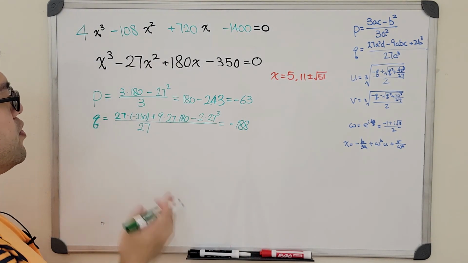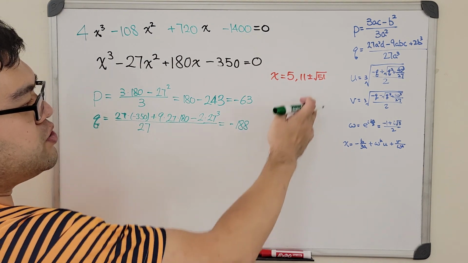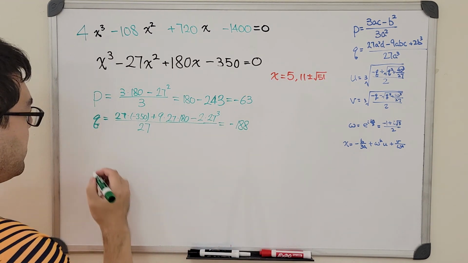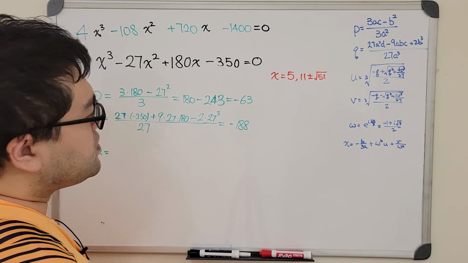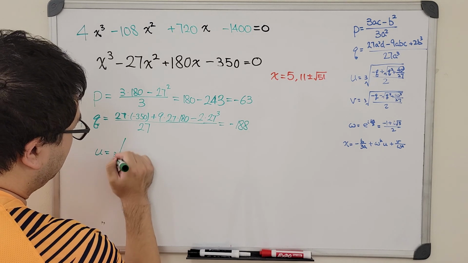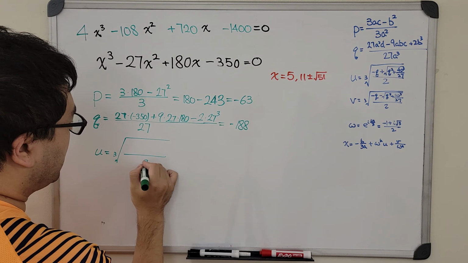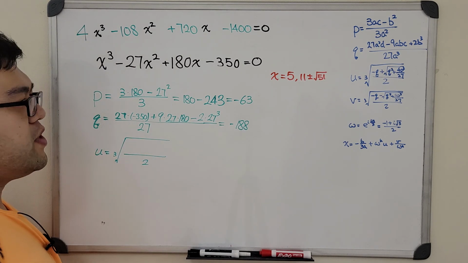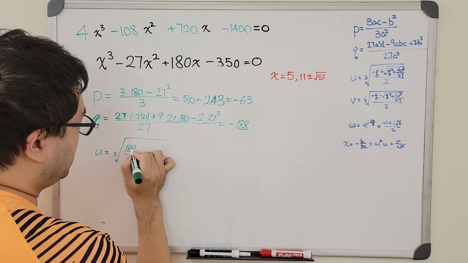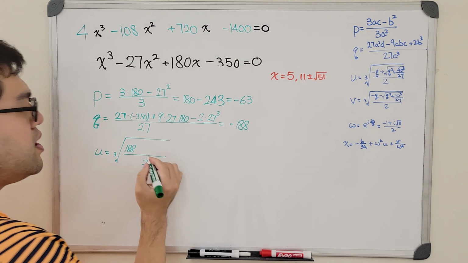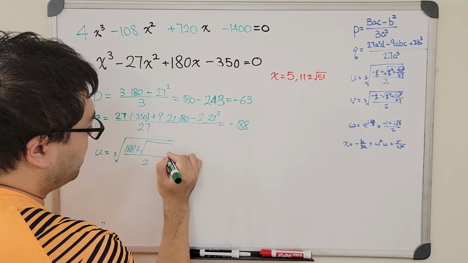Good. So now as we have both p and q values, we can substitute into u and v to figure out what u and v are. Then for u, we have the cube root of everything inside, where inside we will have 2 in the denominator. We have negative q, and that is positive 188, plus the square root of the following expression.